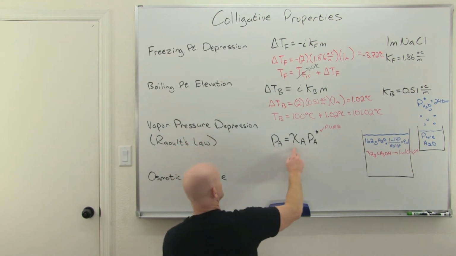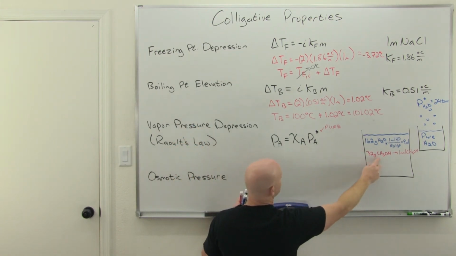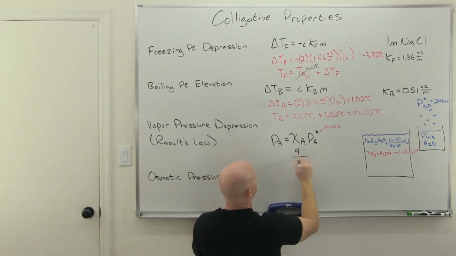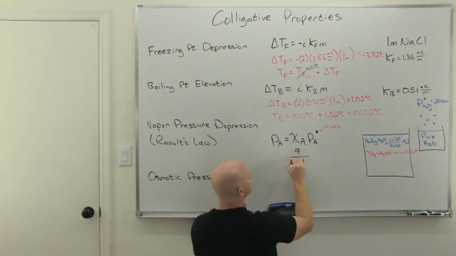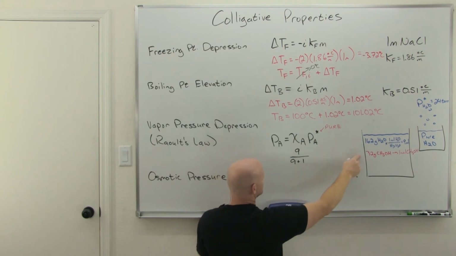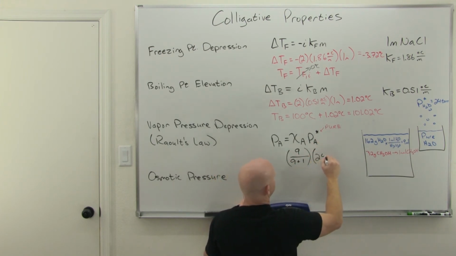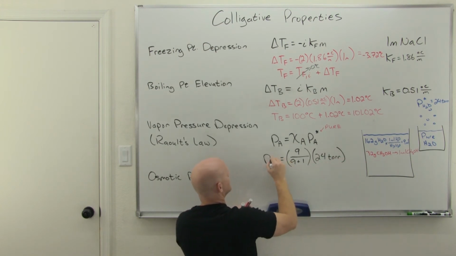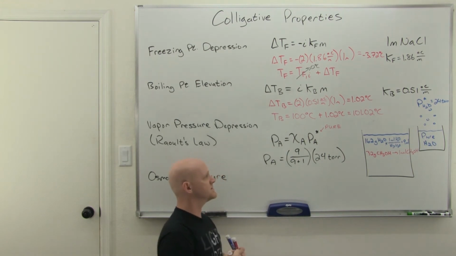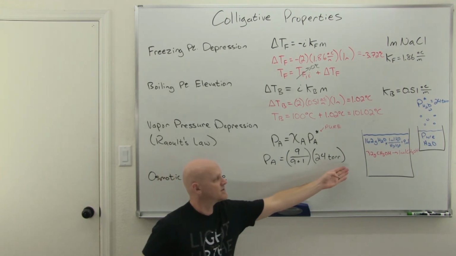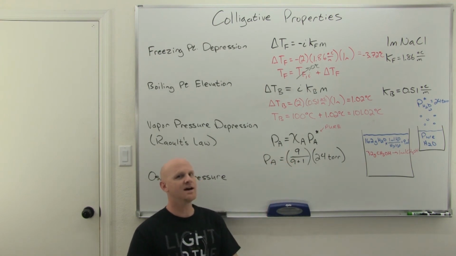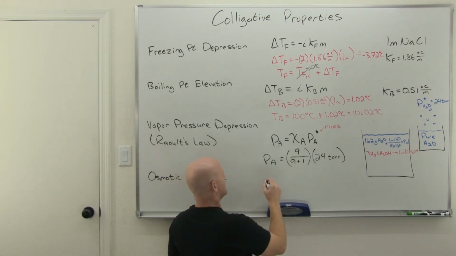And again, this calls for not the mole fraction of the solute, but the mole fraction of the solvent, water in this case. And that's 9 moles of water out of a total of 10 moles of everything, 9 plus 1. That's our mole fraction. And the vapor pressure of pure water at this temperature is 24 torr. And so now we can calculate what the vapor pressure is above this solution. Since this solution in terms of moles is only 9/10 water, you only end up with 9/10 of the vapor pressure as well.